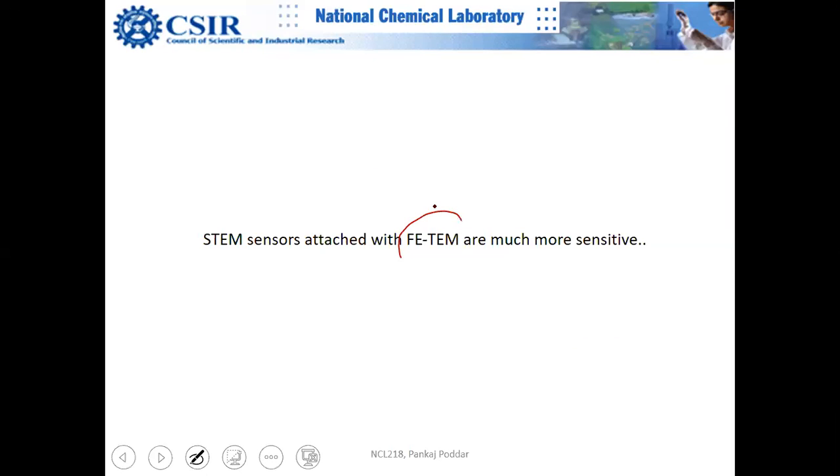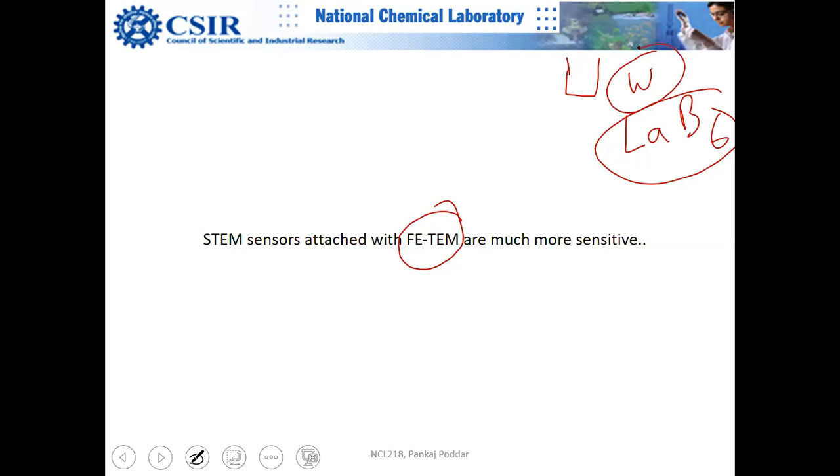What is FESEM? I explained it. FESEM is where the source is where electrons are generated by applying electric fields. You know, there are two main techniques. You need electrons, right? So you take some filament, either tungsten or lanthanum hexaboride, right? Those are the two materials with low work function and high melting point.